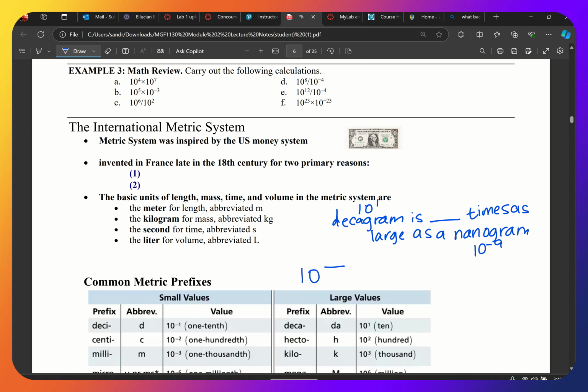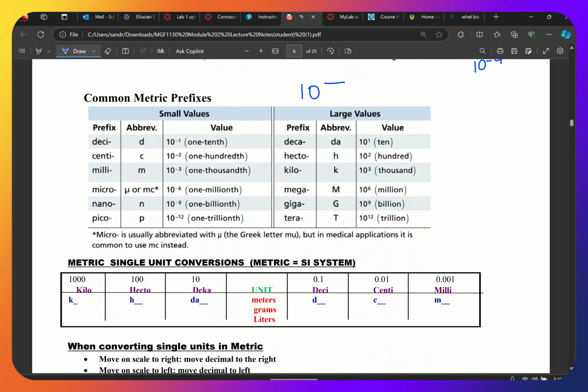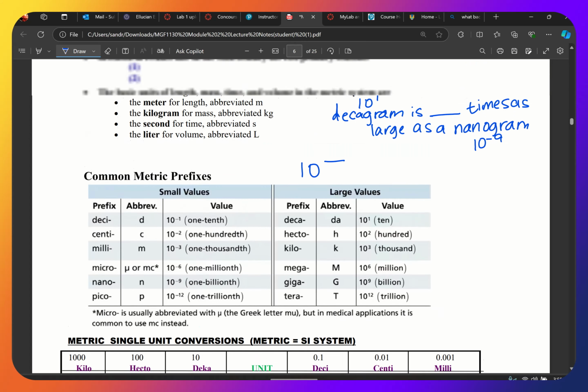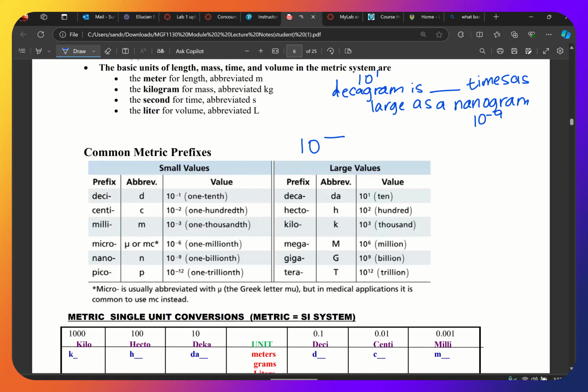So even if you use the chart, it goes out further. You would move 9 units to get to the gram, right? So 10 to the minus 9 is 8. 1, 2, 3, 4, 5, 6, 7, 8, 9.